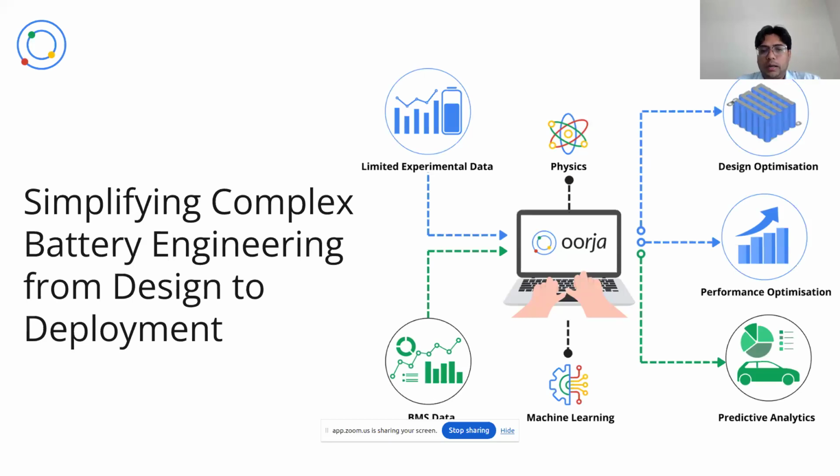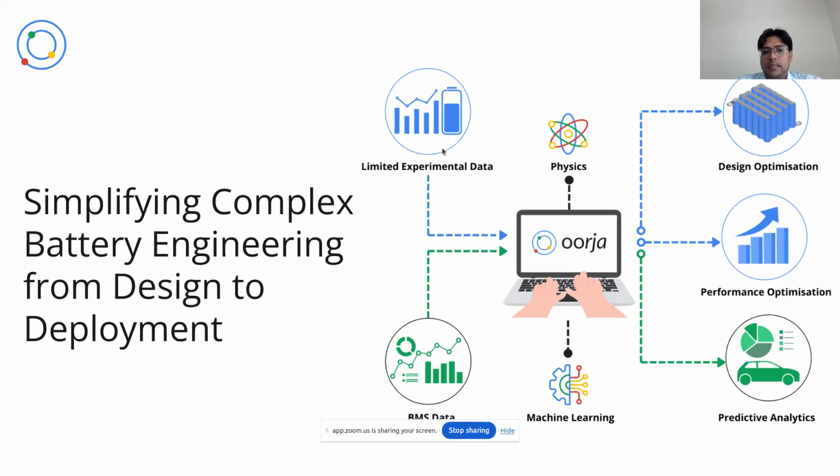So we at Urja strive for simplifying complex engineering designs from design to deployment, and we started by looking at the battery problems first because one of the things we realized is that batteries are very well suited with the methodology we have come up with, which is the hybrid methodology, which you see on the right, where we can combine the information from various areas and make use of them to do accurate predictions, design optimizations, and performance optimizations.